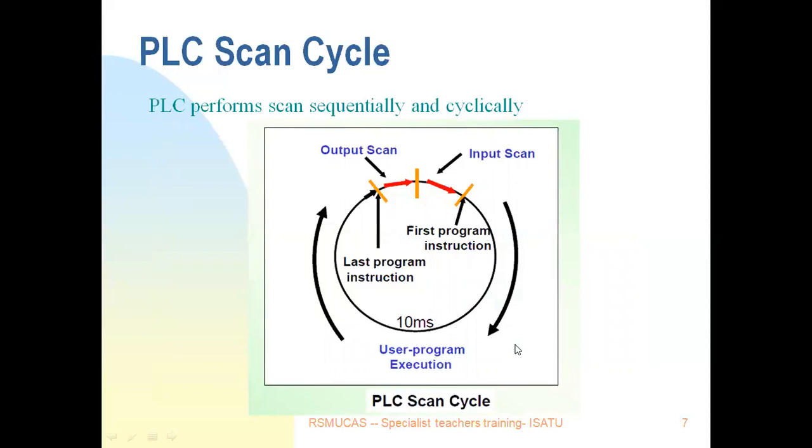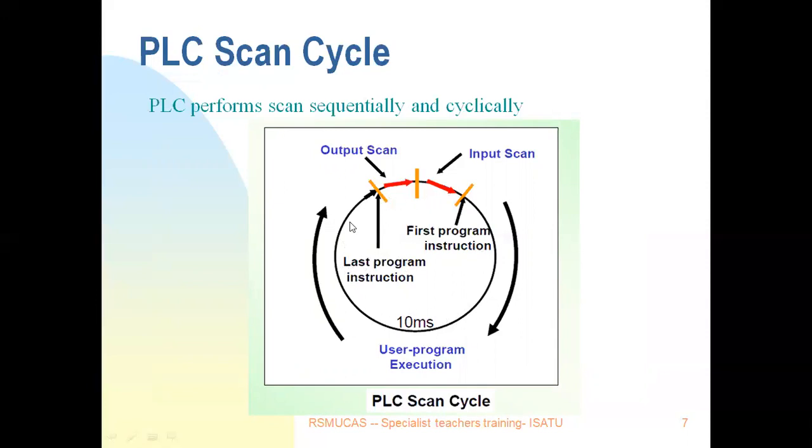The time to complete the cycle is what we call the PLC scan cycle. A PLC performs scan sequentially and cyclically. In our example here, it checks the input, checks the program instruction, executes the program, reads the last program instruction, and again produces an output, checks input, runs the first program, runs the next program, checks the last program, then produces an output.